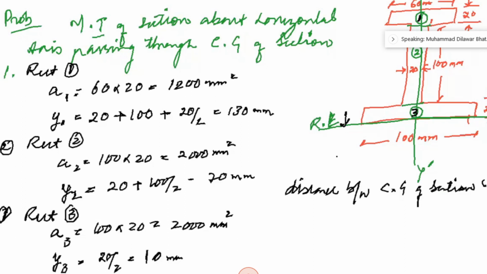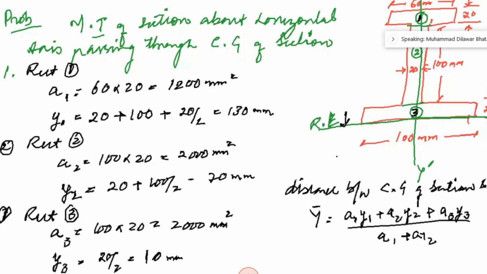For the whole section, the distance from the bottom face, the reference line RL, will be y bar, which is equal to A1 y1 plus A2 y2 plus A3 y3, divided by A1 plus A2 plus A3.